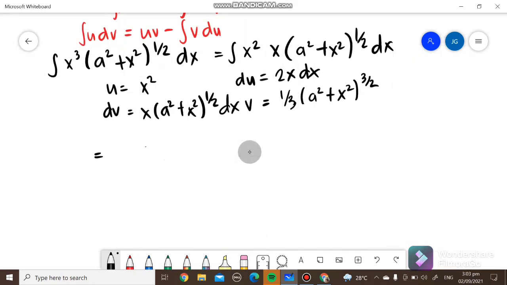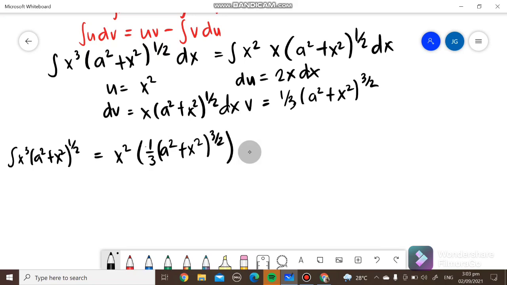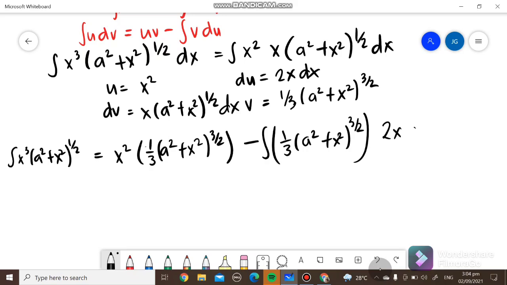We have the integral of x cubed times (a squared plus x squared) raised to 1/2 equals the u, which is x squared, times the v, which is 1/3 (a squared plus x squared) raised to 3/2, minus the integral of v, which is 1/3 (a squared plus x squared) raised to 3/2, multiplied by the du, which is 2x dx.